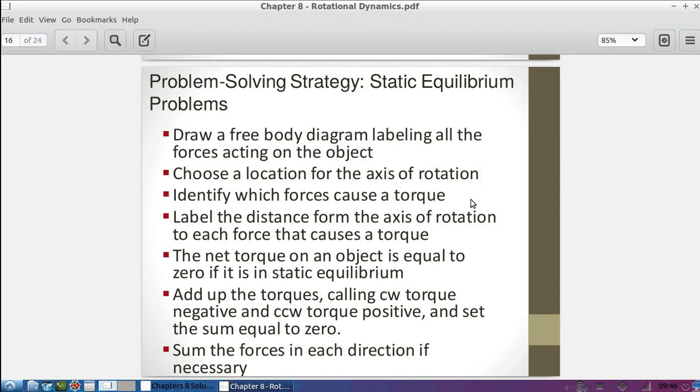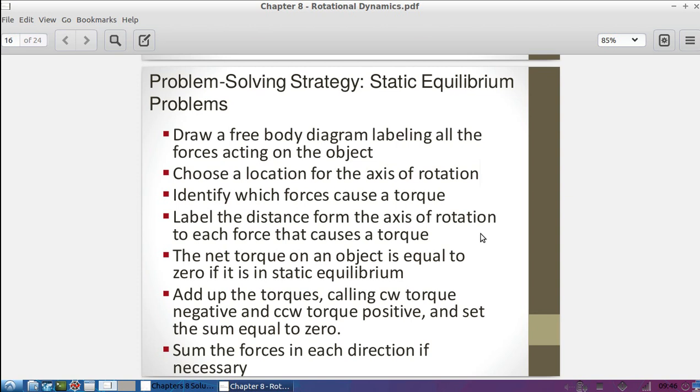So if we do the cross product and we get some value for the torque, we have to identify all those forces that are going to cause the object to rotate. So for each force that causes a torque, we want to make sure we can find the distance between the axis of rotation and where that force is being applied, because we're going to have to at least make an expression for those torques and possibly solve them in the problem.